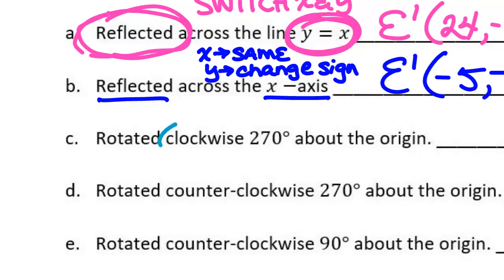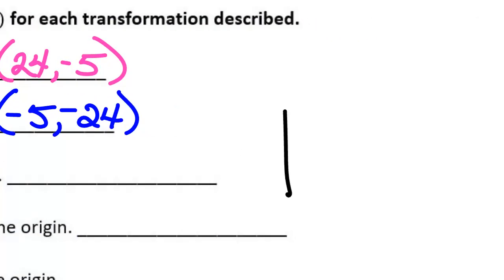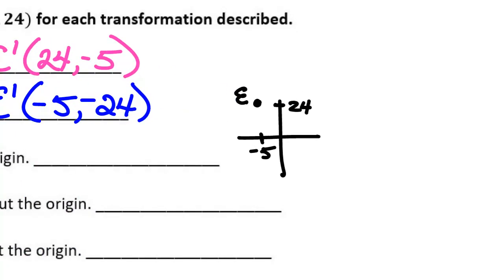Rotations. Clockwise, 270 degrees. I'm going to get a quick sketch going so that I know where I'm starting from. Negative 5 would be over here. Positive 24 is going to be up here somewhere. So E is in the second quadrant. We're going to go 270 degrees clockwise. That's going to put me into what quadrant? Into my negative quadrant. Do I do any switching?